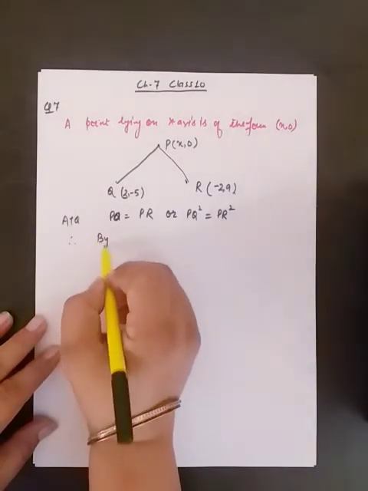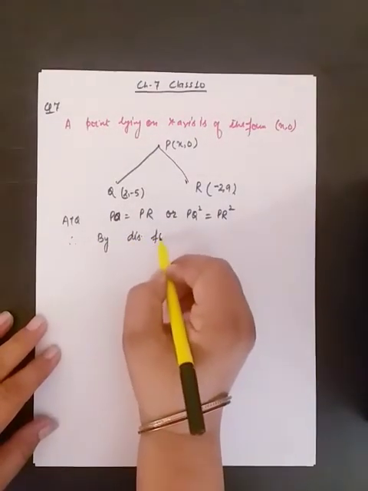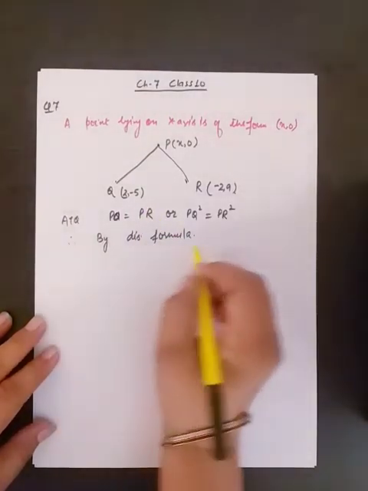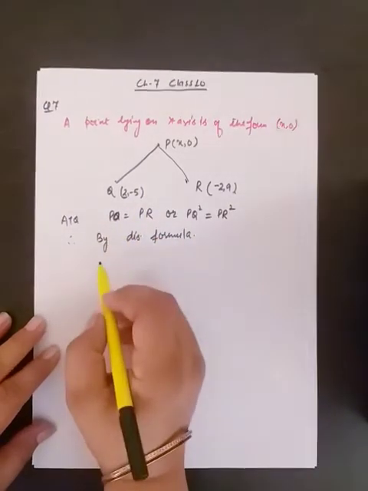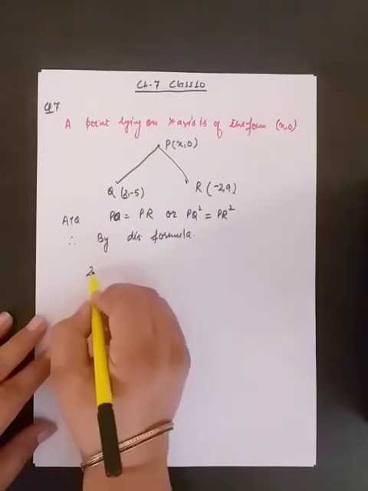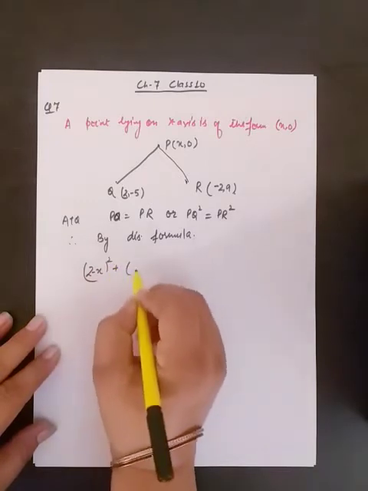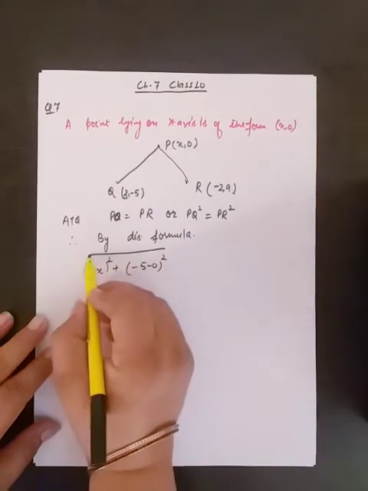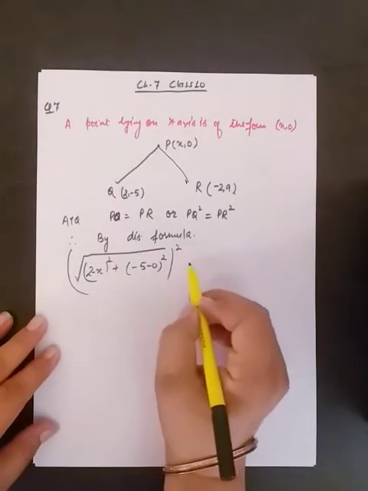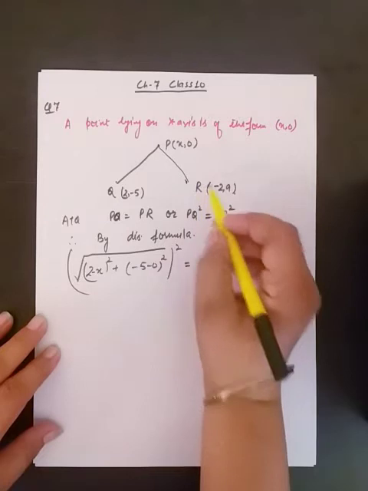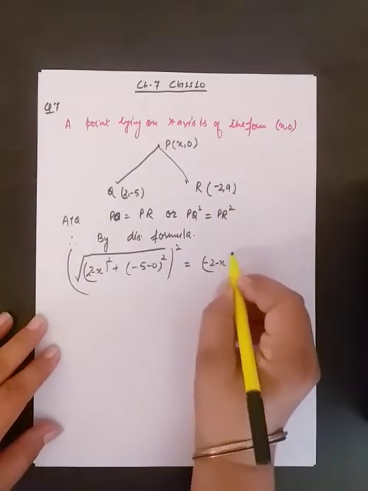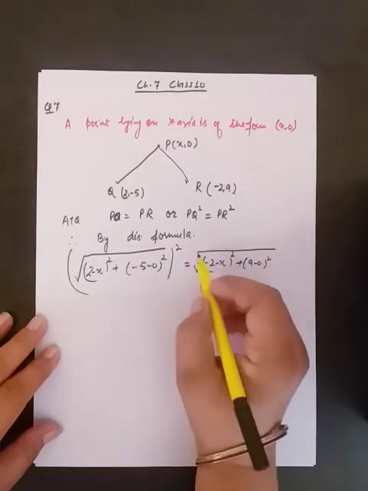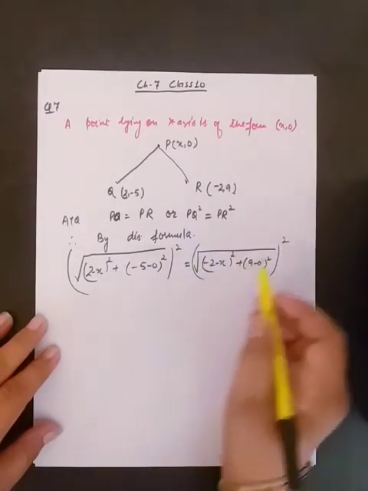Therefore, by distance formula, PQ is the root of (2 minus x) whole square plus (-5 minus 0) whole square, and PR is the root of (-2 minus x) whole square plus (9 minus 0) whole square, and then square.